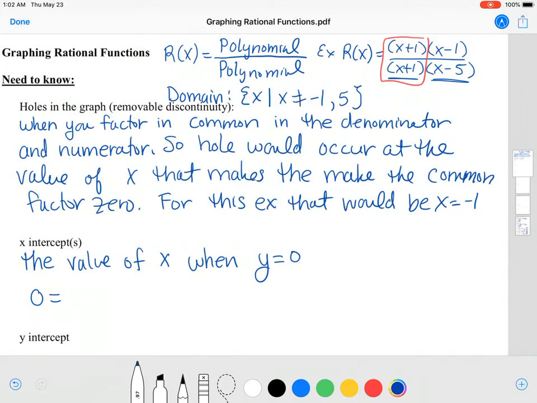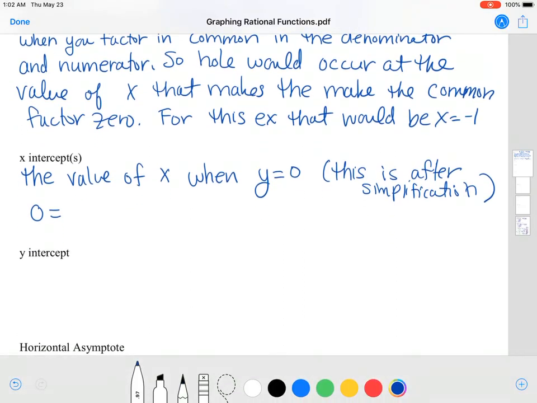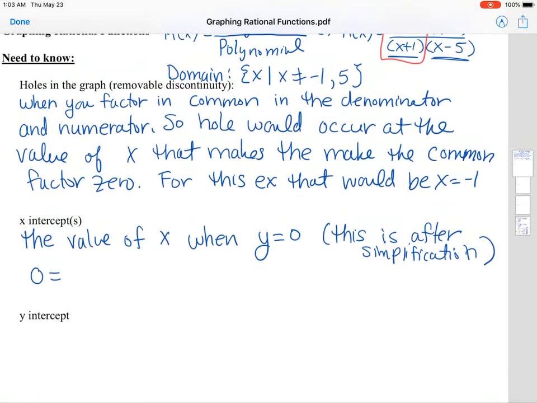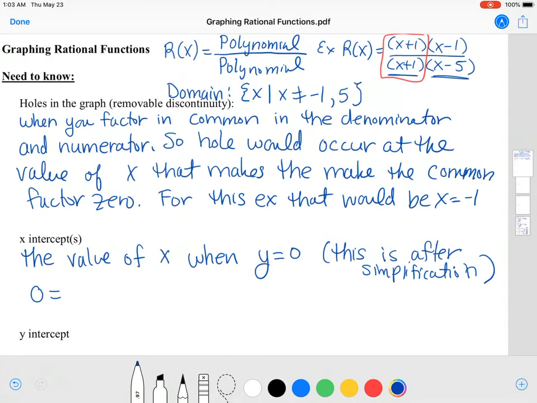And let me add in here that this is after simplification. Okay, so I would set this rational function equal to 0 after simplification. So in this example that we're using from above, I would have x minus 1 over x minus 5.